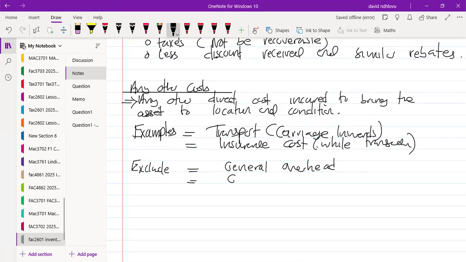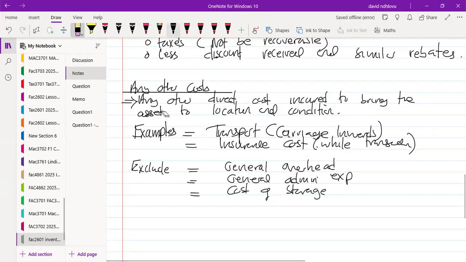At general admin, cost of storage, unless. So you don't add storage unless it is part of the production process.